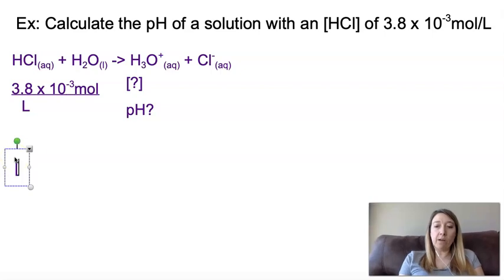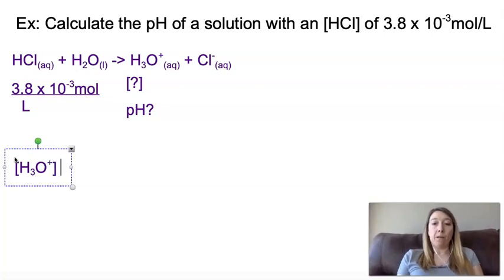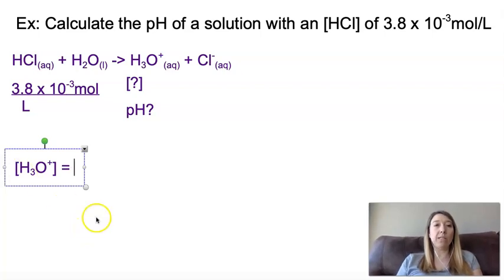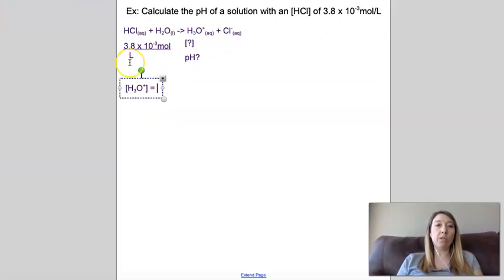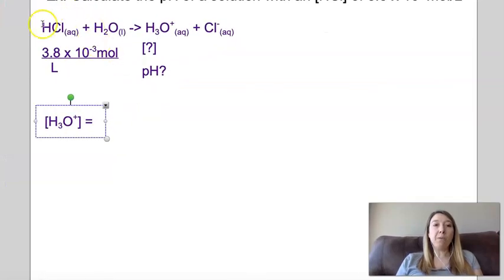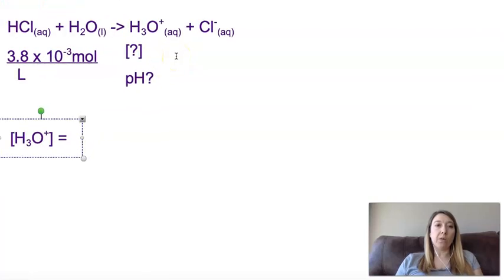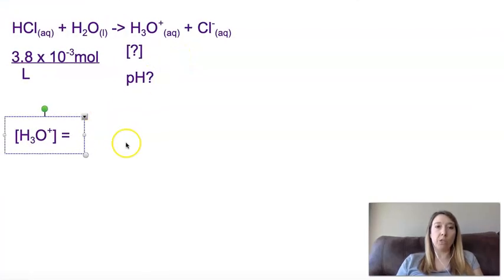Okay, so we have to calculate our hydronium ion concentration. We are going to calculate that by doing our unit analysis, just like we always do. Remember in our last video lesson, we looked at how we could convert between the HCl concentration and the hydronium ion concentration. We said we could simply use a ratio to do that.